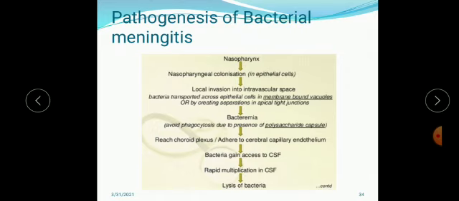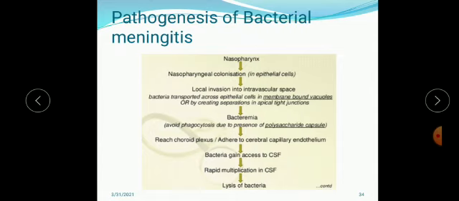So, what is the pathogenesis of bacterial meningitis? In the nasopharynx, there is usually colonization by bacteria in epithelial cells. Whenever the bacteria locally invade into the intravascular space by transportation across the epithelial cells in membrane bound vacuoles, or by creating separations in apical tight junctions, bacteremia develops, and bacteria avoid phagocytosis due to the presence of polysaccharide capsules.